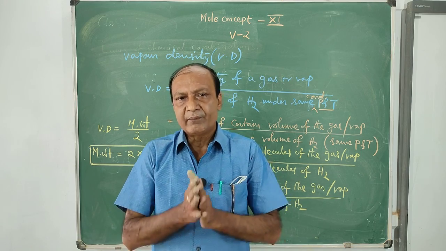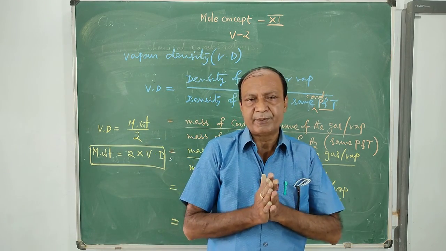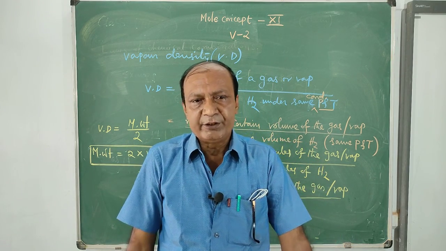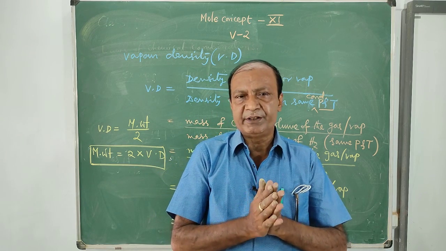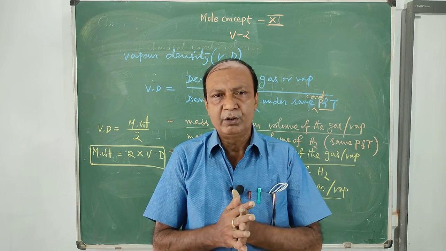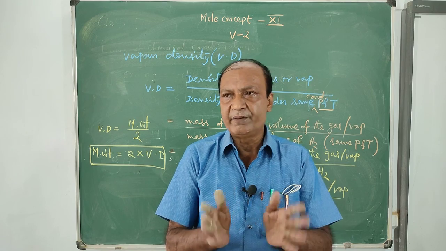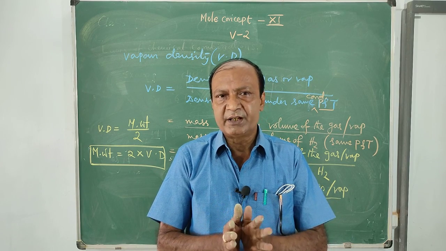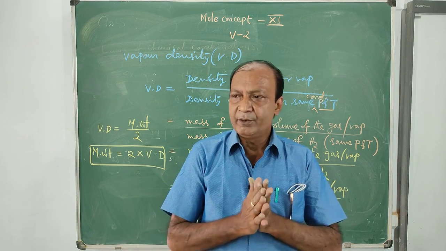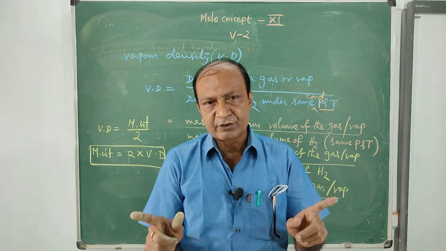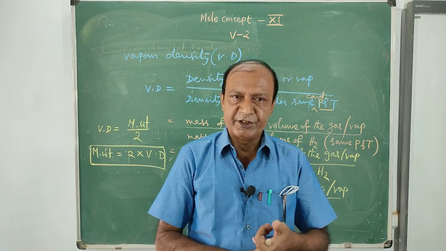Equivalent weight you can find out by many ways. Equivalent weight of a salt equals the molecular mass of the salt by the total positive charge or total negative charge, because you know that charges are equal. Equivalent weight of acid equals molecular mass of the acid by its basicity.